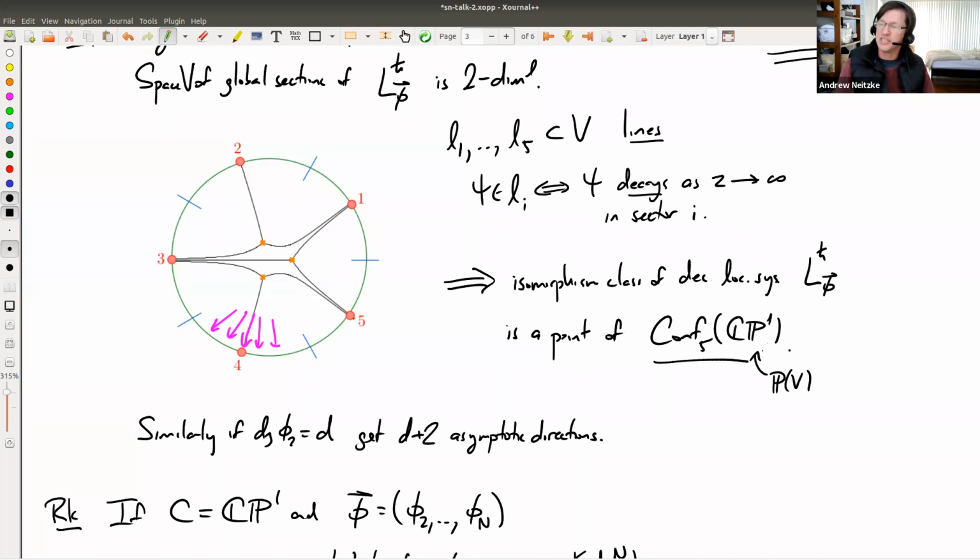Then for CP1 with 3 punctures, there was a slightly wilder one, which is in a paper of mine with Lotte Hollands. And by higher rank, you mean they're honestly coordinates on SLN local systems.